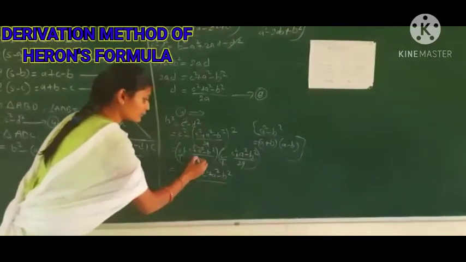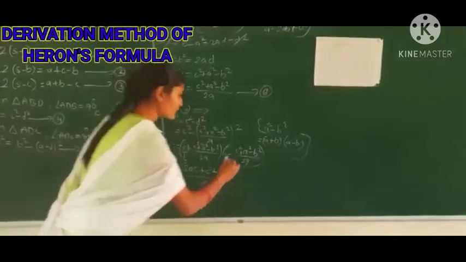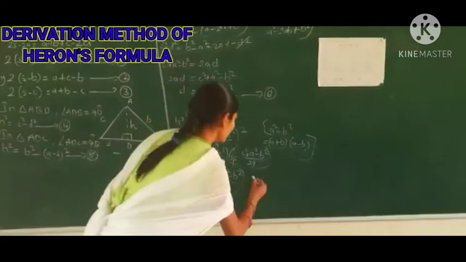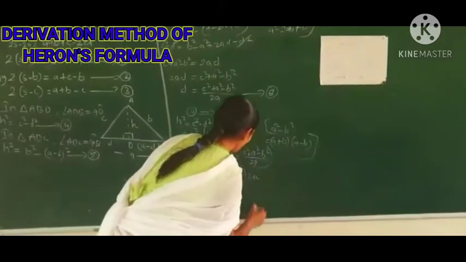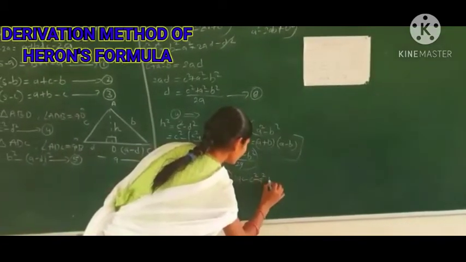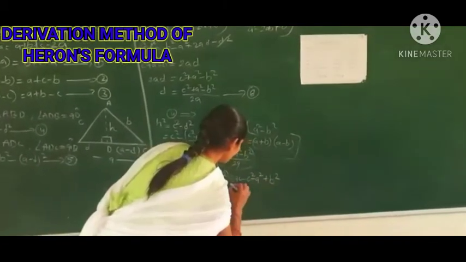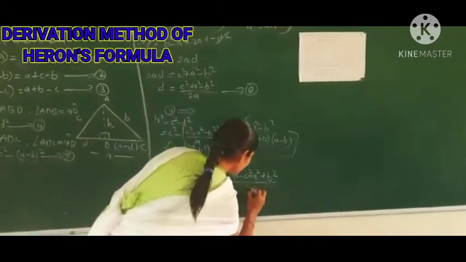Bam means 1 into 2a means 2a. Here also we use the Assa Bussa Bam mantra. We get Assa 2ac and Bussa minus c square minus a square plus b square. Here Bam means 1 into 2a becomes 2a.